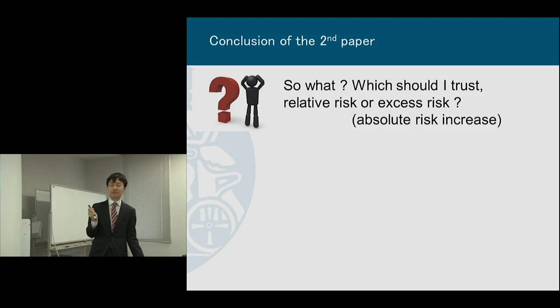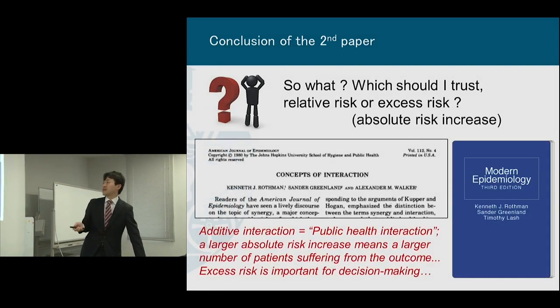But my question again, so what? Which should I trust, relative risk or excess risk? Or in the end, can we prescribe antidepressants to patients with CKD or not? I reviewed previous expert opinions and textbooks.